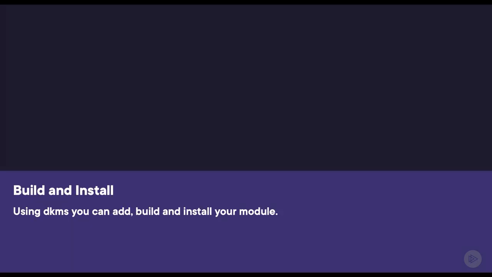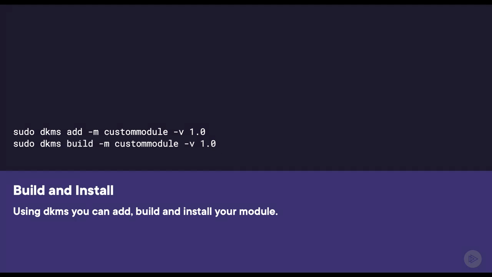With that done, we can then go through and have DKMS build and install the module. So we can add it to the management of DKMS. We can build it, so that's going through the C compilation, and then the install, putting it in the correct location. The instructions for the build and install come from the Makefile that we created.